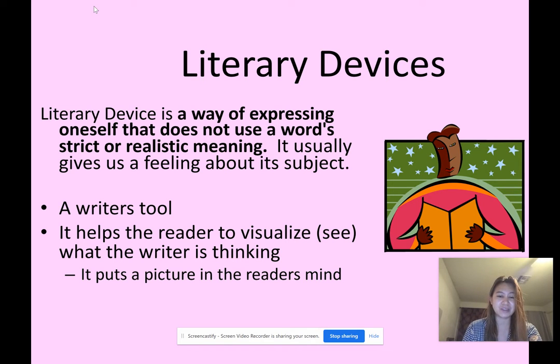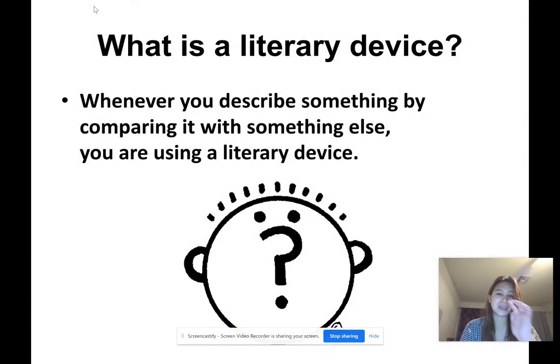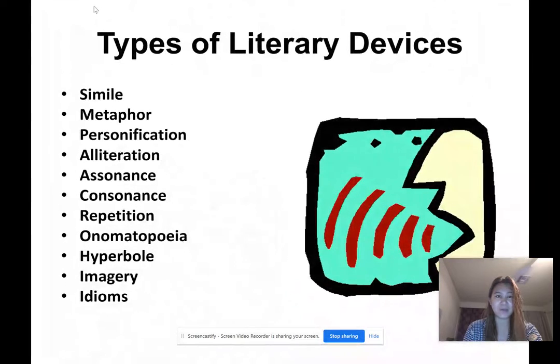It puts a picture in the reader's mind, and so whenever you describe something by comparing it with something else, you are using a literary device. These are the types of literary devices: simile, metaphor, personification, alliteration, assonance, consonance, repetition, onomatopoeia, hyperbole, imagery, and idioms.